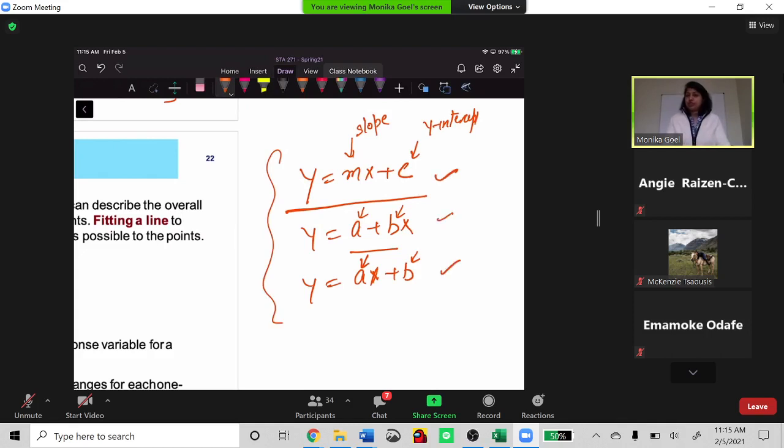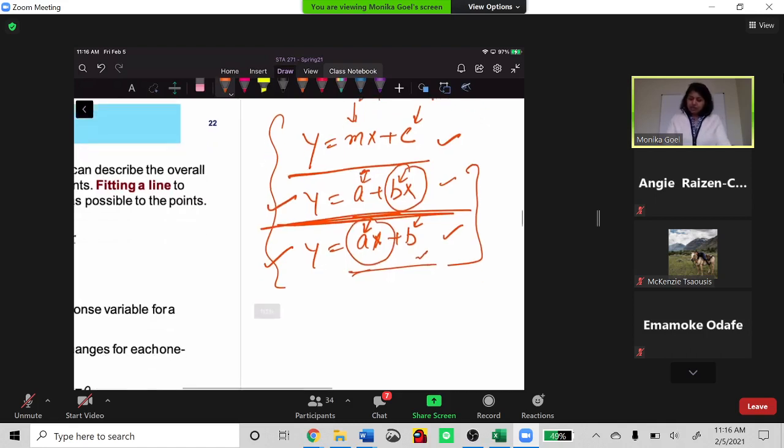Do not use all of these together, just pick one. Your calculator provides you both options, so you need to pick one. If you're picking this one, make sure whatever is with the x is your slope. So if you're picking this one, then your slope is a. So it will change. Here your a is the y-intercept, here it's the slope. So we are using the same equation.